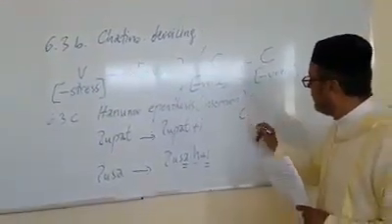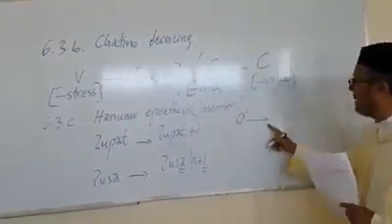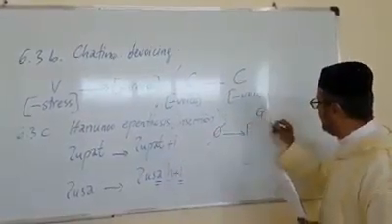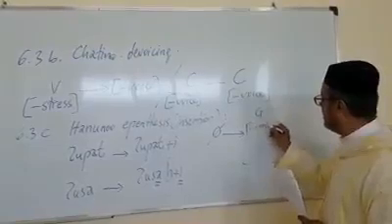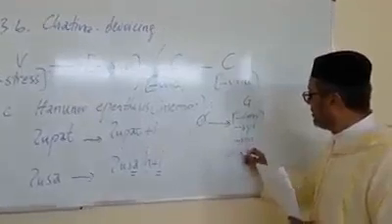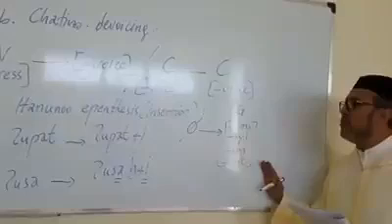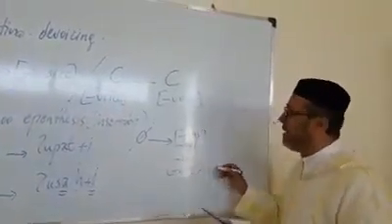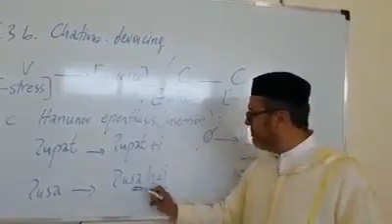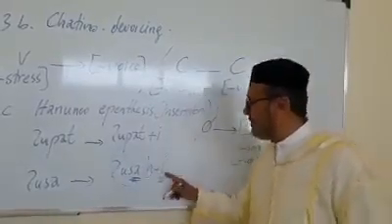Now we have of course the insertion. That's insertion. What is inserted? The glide: minus consonant, minus syllabic, minus sonorant, plus continuant. Now we're saying we insert where? Here, between the last consonant of the stem and the suffix vowel.